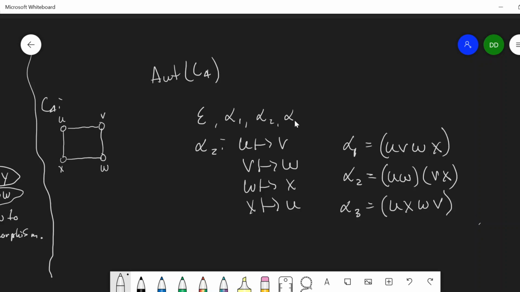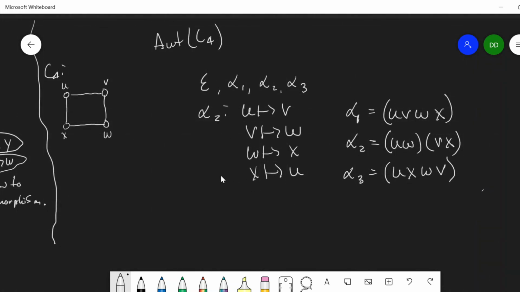So right now we have 4 automorphisms here. However, there are other ones, right? Let's start another one here. We're going to call this one theta 1.